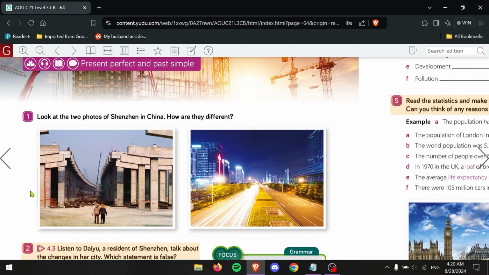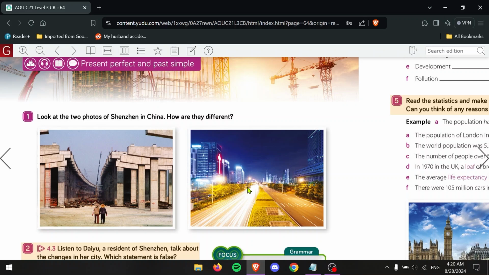Okay, so assuming you have a general idea of what's going on, the two photos are set in the same city in China. It's called Shenzhen, but one looks to be much more modern, perhaps a more modern area than the other. Another one is under construction. Perhaps it's two different time periods. Maybe this was in the 30s and this was in the 60s, or this was in the 60s and this was in like the late 90s, for example.